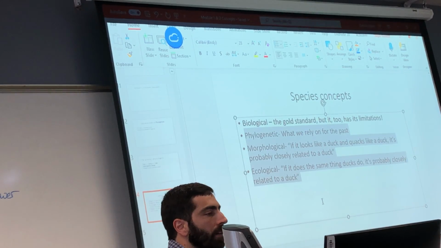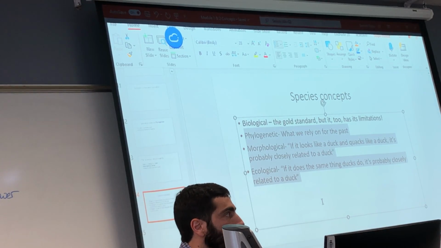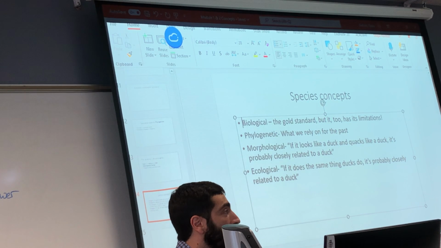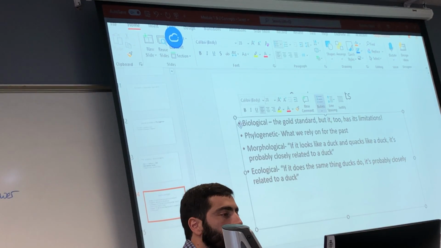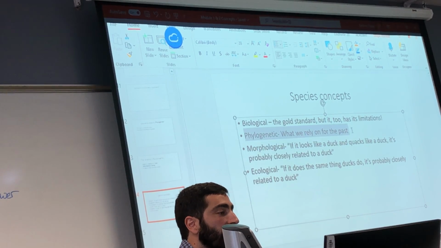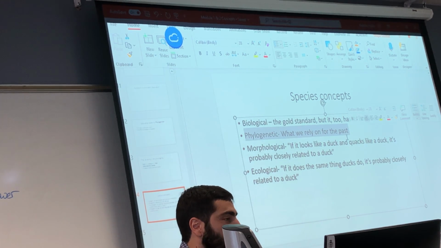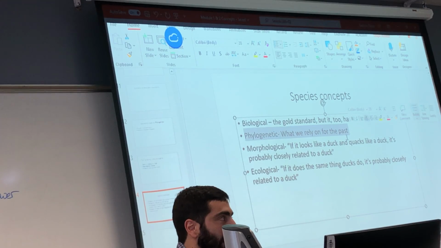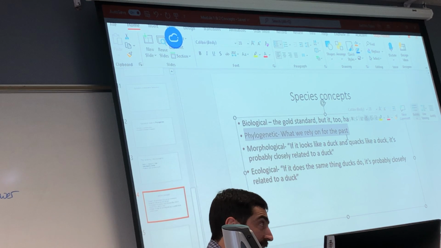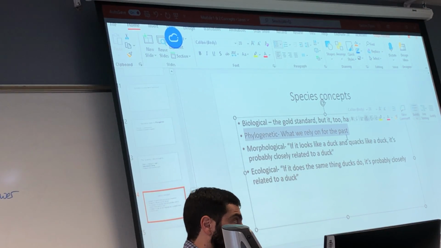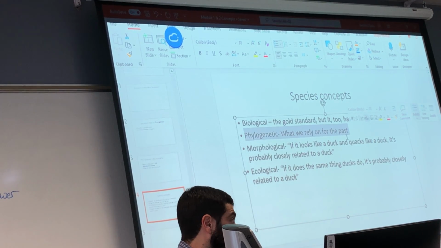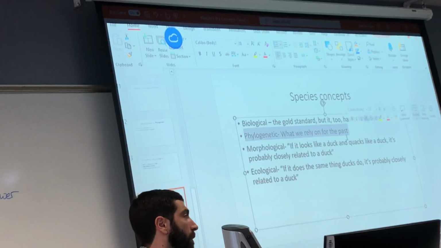Sorry, do they all relate to both sexual and asexual reproduction? For the biological species concept? For the polyphyletic or the phylogenetic? So the phylogenetic species concept is based off of how we relate fossil records. So with fossils, it's not based off of reproduction because we don't know how they reproduce.